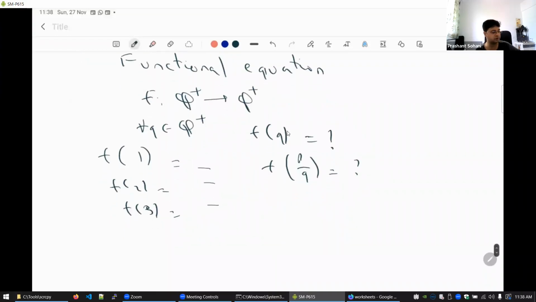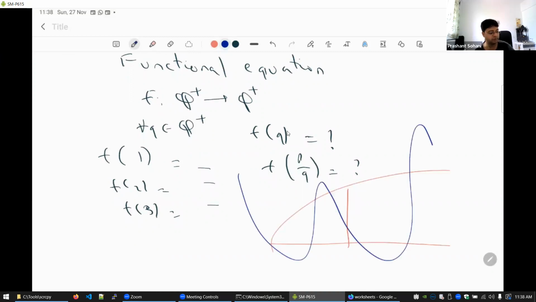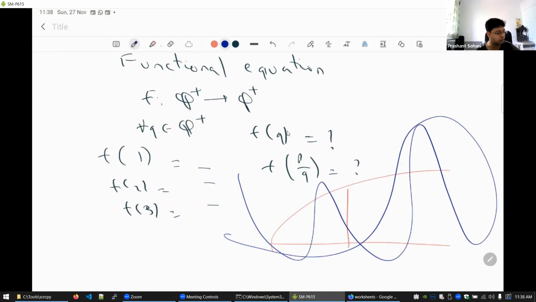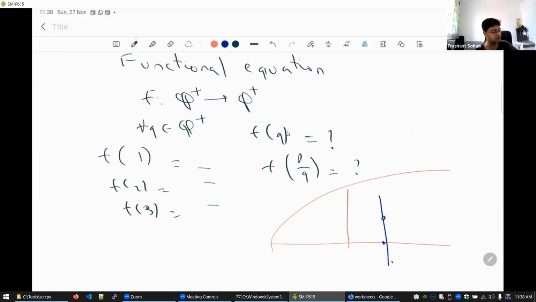So if I try to plot a graph of the function, you may think the graph looks like some nice curve, but it can be very, very crazy. It cannot go like this, because then a single x value would have two y coordinates. That is not allowed. But apart from that, the function can look something like this also.